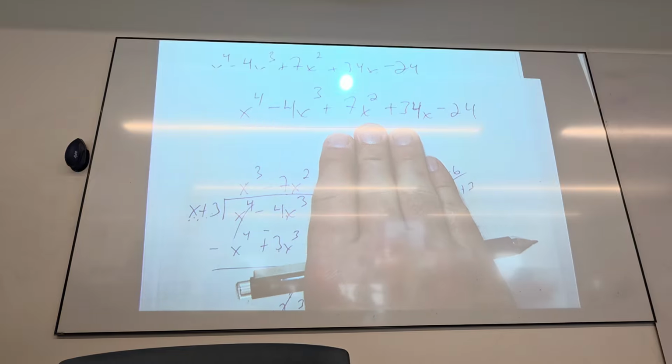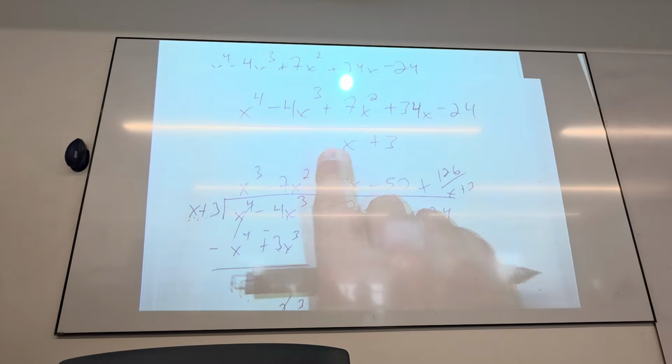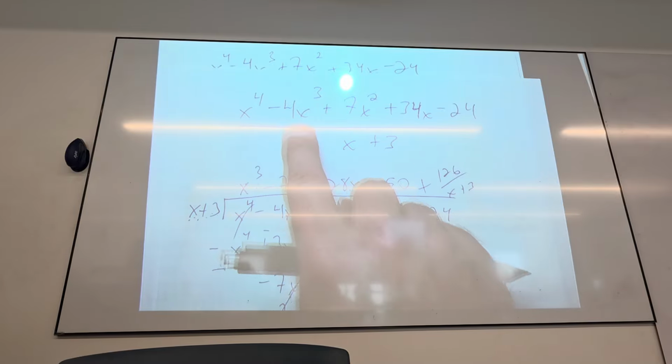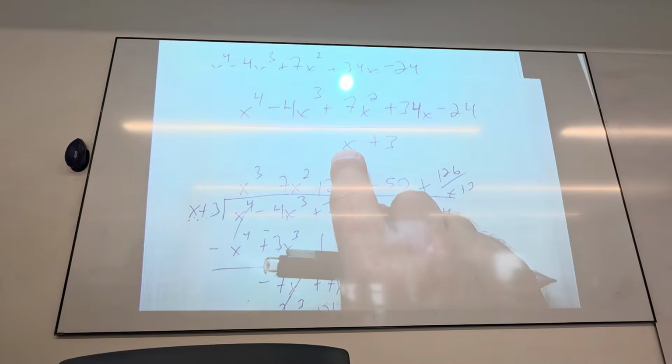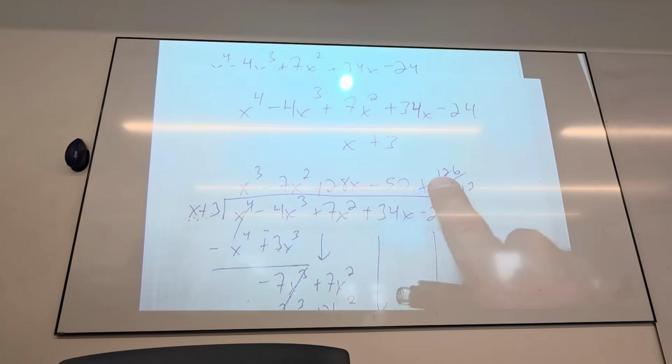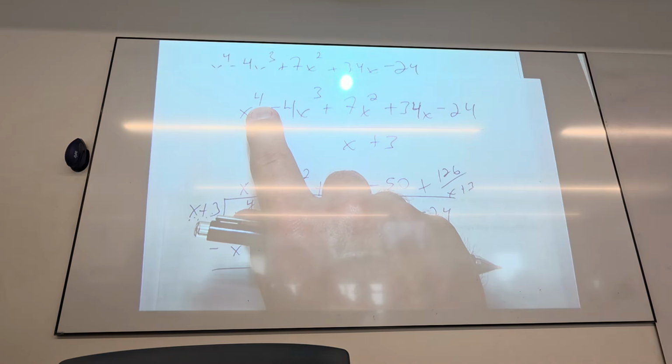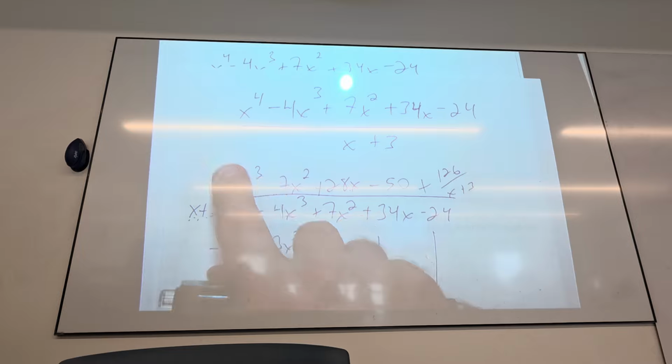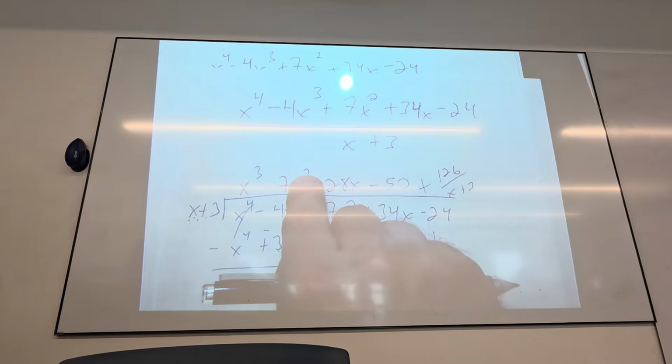What's the highest power? Fourth. Doesn't it make sense if I'm going to divide a fourth degree by a first degree, my degree should go down by 1? Okay. So if I just knew the coefficients and I knew what the original degree was, I could put 1 in front of x cubed, -7 in front of x squared.